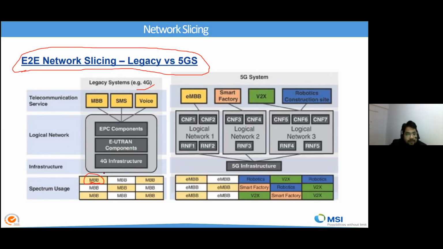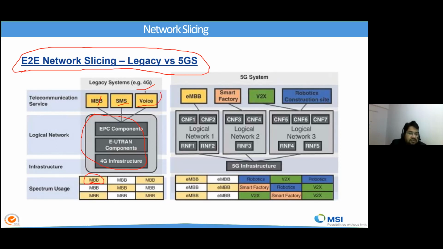Mobile broadband only. And if we talk about the architecture from the RAN perspective, the core perspective, and the transport perspective, then all that infrastructure was just available for these services only, like MBB, and the underlaid services such as SMS.